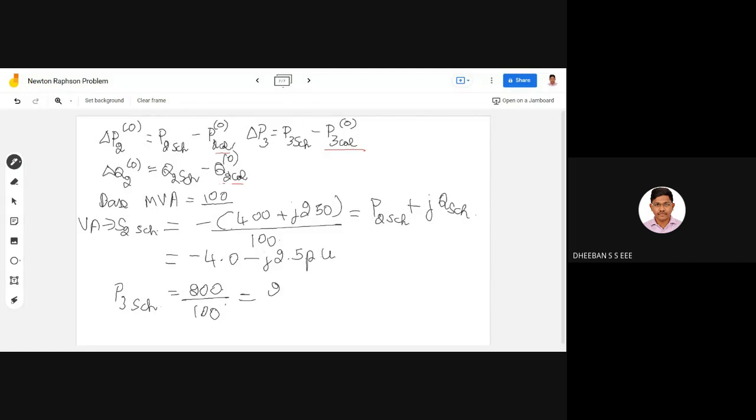So you'll be getting around 2 per unit. So now we know the value of your P2 schedule, P3 schedule, Q2 schedule. Now you have to just apply this over the power residuals. You have to apply, and arrive at the power residual formula.